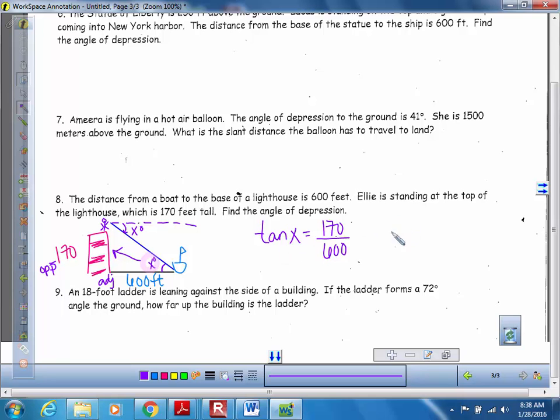And so the inverse would be tan negative 1. When you're typing that in your calculator, you'd put second tangent of 170 divided by 600. So when you type that in, you should get x equals 15.8 degrees.